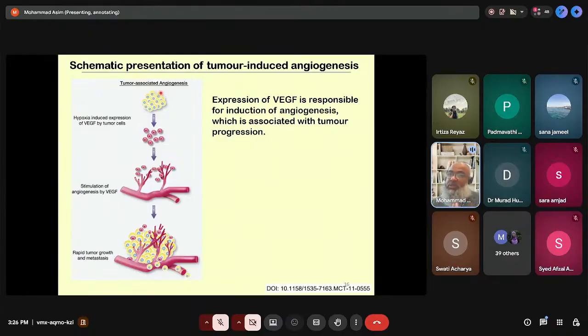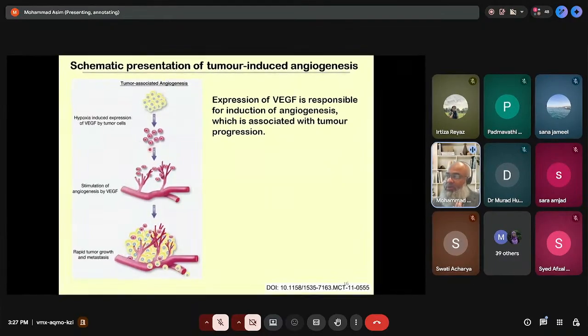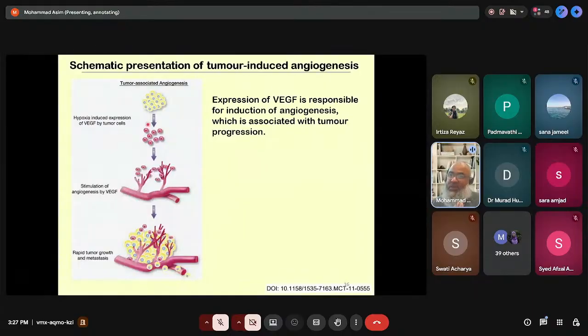But in cancer cells, they're also experiencing hypoxia. And once they experience hypoxia, they secrete vascular endothelial growth factor. And this vascular endothelial growth factor stimulates, it drives the blood supply into them, so that these cancer cells, which are sitting in a primary tissue, can now spread to distant organs.